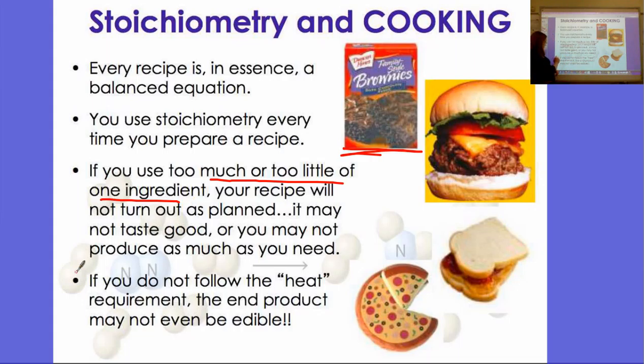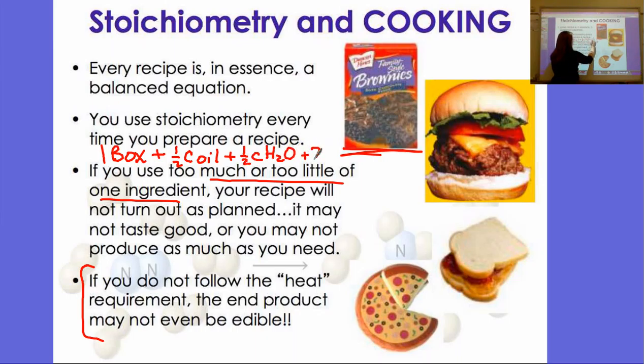So, if you don't follow all of the requirements in the balanced reaction, if I need 1 box, let's cheat, of brownies, and a half a cup of oil, and a half a cup of water, and 2 eggs to make some yummy brownies, what else do the directions, the reaction, tell me?